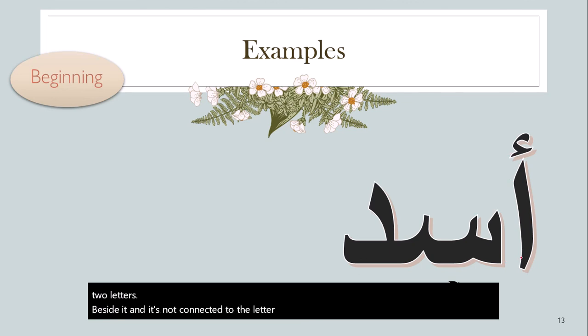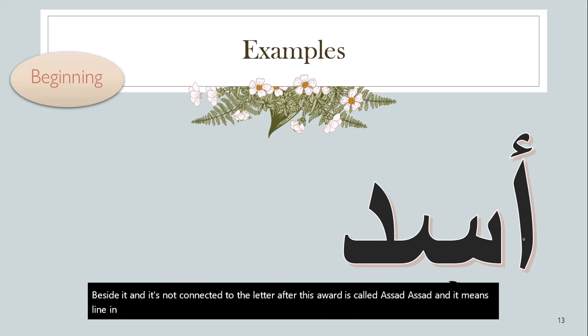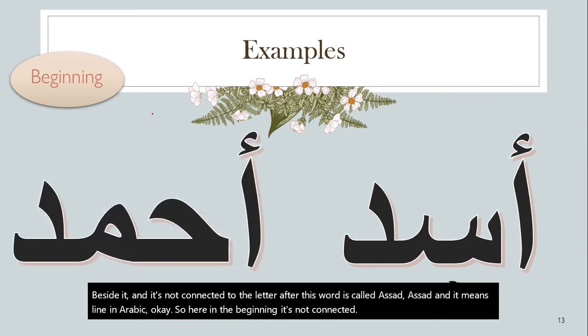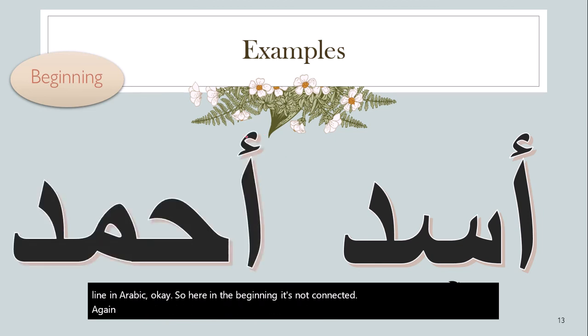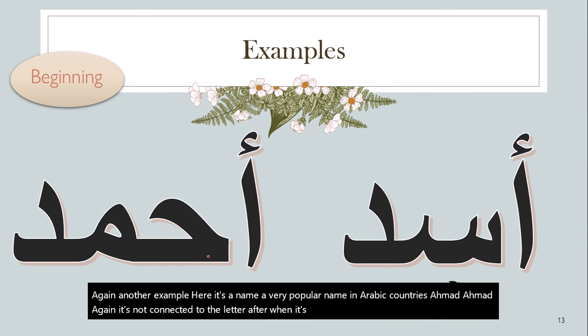This word is called asad, and it means lion in Arabic. Again, another example, a very popular name in Arabic countries, Ahmed. Again, it's not connected to the letter after when it's in the beginning.